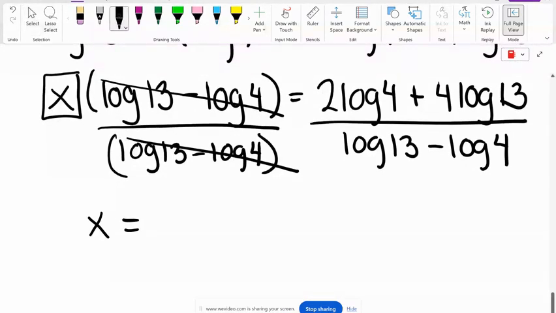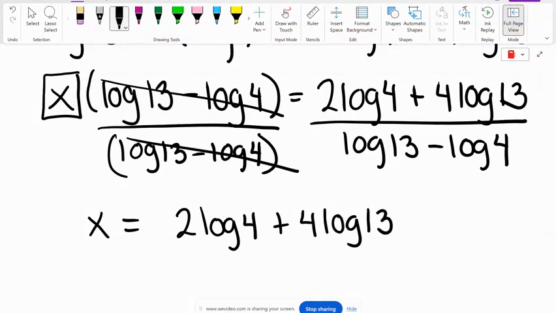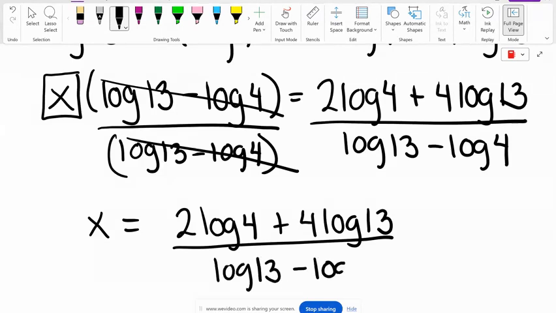So x is equal to 2 log of 4 plus 4 log of 13 divided by log 13 minus log 4. I will show you how to type this into your calculator.